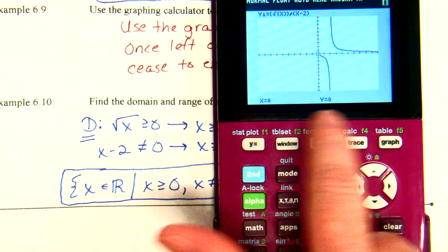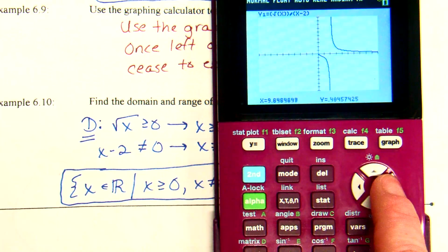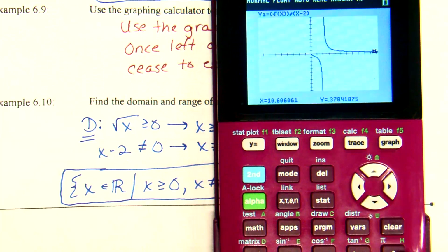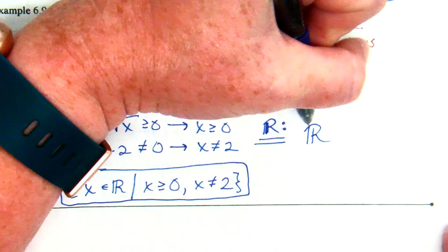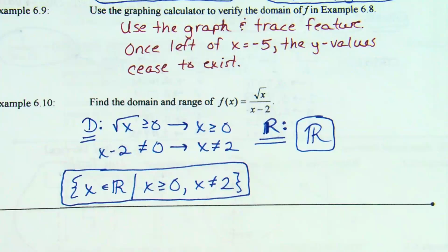You can arrow to the right and see what happens. And it looks like it's just still going and going and going, right? It's getting closer and closer. 0 existed over here. So this should be all real numbers for your range. A way to write all reals is to just write your big fancy R that represents all reals. And how did we decide that?